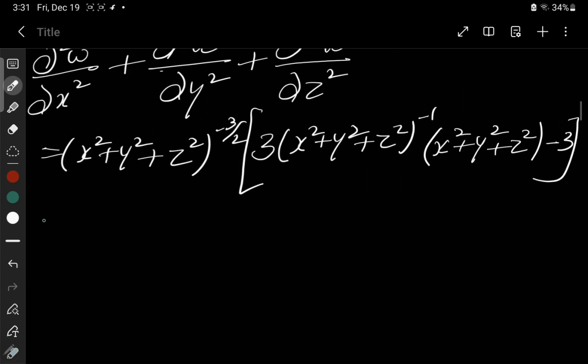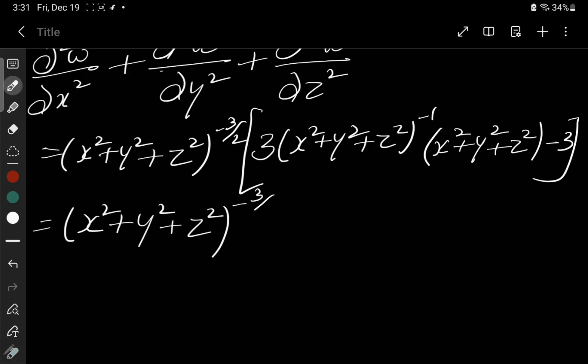See, this term, x squared plus y squared plus z squared whole power minus 3 by 2. And what about this? This is the whole power minus 1 plus 1. The base is same, so minus 1 plus 1, you will get 0. We add the power 0, and anything to the power 0 gives answer 1.